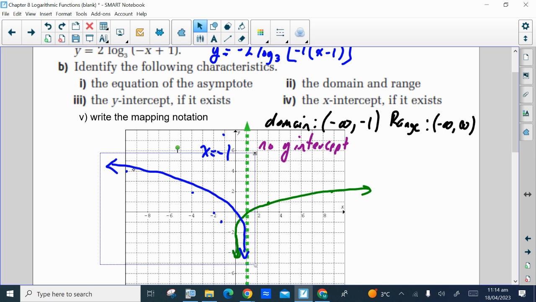So the graph is going to go one to the left because all these points go one to the left.